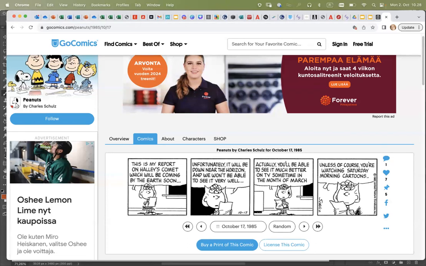Instead, Sally tries to dominate Charlie Brown, but doesn't really succeed. So their relationship is also on the move, changing all the time.